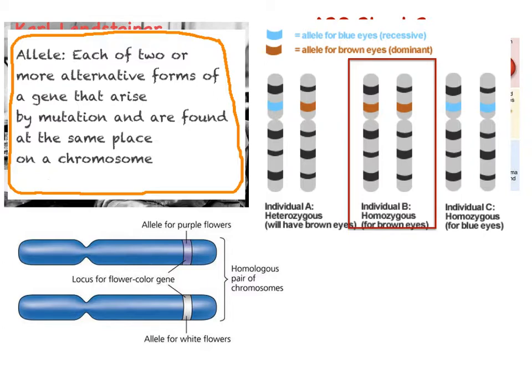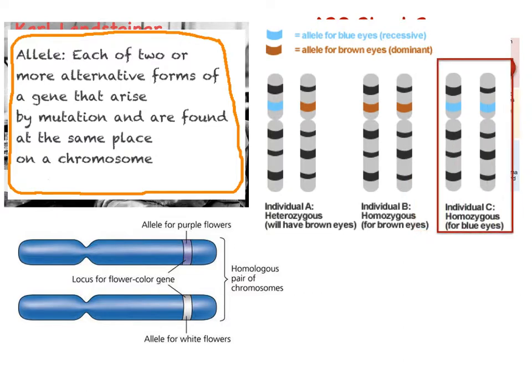So this person will express brown eyes, obviously, since brown is dominant, and in this case it's present in a homozygous form. The last person is homozygous for blue eyes. Both the chromosomes, both the alleles, are blue. So although blue is recessive, since it's present in a homozygous form, this person will have blue eyes.